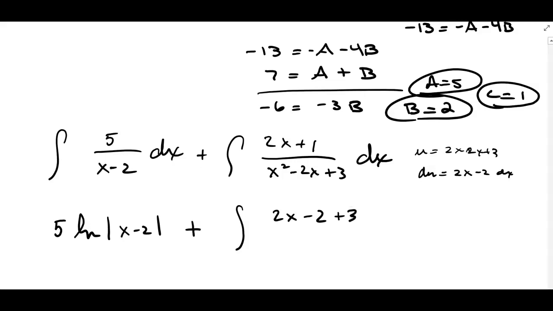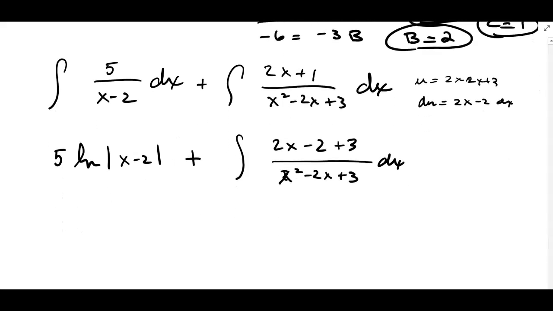I didn't really change my integral, because I just took 1 and changed it to minus 2 plus 3. I didn't add anything. I didn't change anything. Like, well, how does that let me do that? Hold on. Okay. I can put this grouping over it plus 3 over the integral.